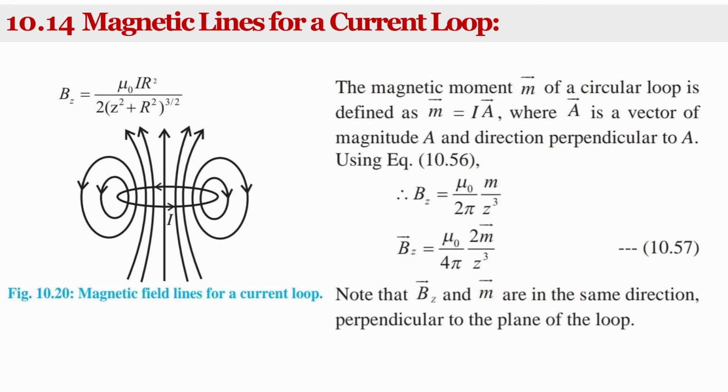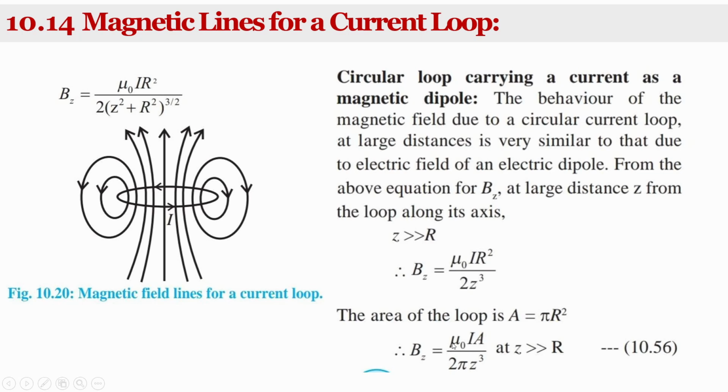Then after that, the magnetic moment m of a circular loop is defined as vector m equal to I into vector a, where vector a is a vector of magnitude a and direction perpendicular to the plane of the loop. In the equation Bz equal to mu naught I a upon 2 pi z cube, we can substitute I a by the magnetic dipole moment m.